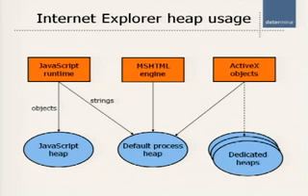Those are the JavaScript runtime engine, which most of its code is located in jscript.dll. The MS-HTML rendering engine, which is responsible for rendering HTML. It's located in MS-HTML.dll.